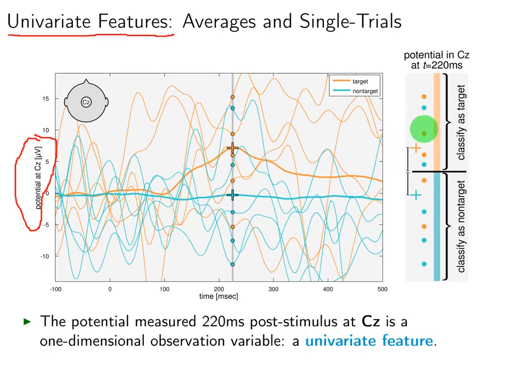This brings us the question of how we can measure the discriminability of these univariate, single features. In the ideal case, we want the features to be located, for example, all blue in this region, all red in this region.